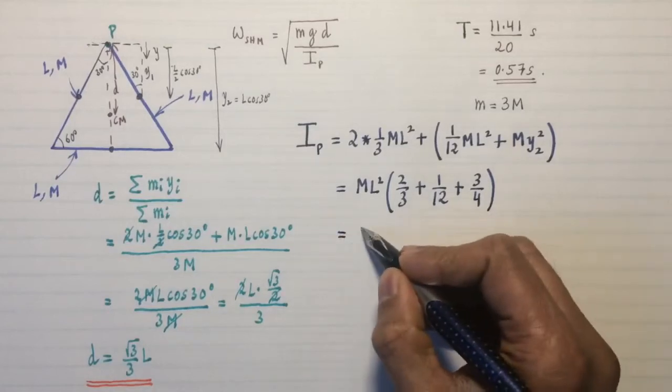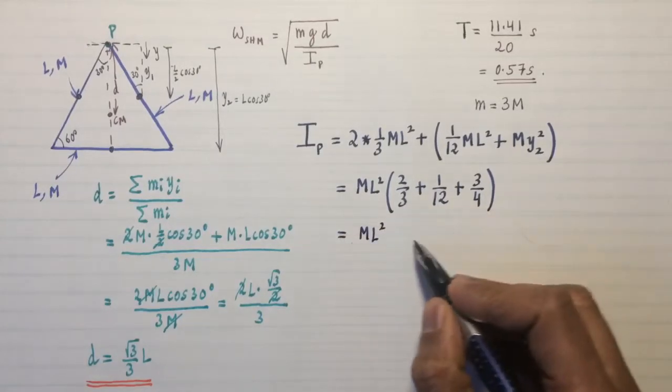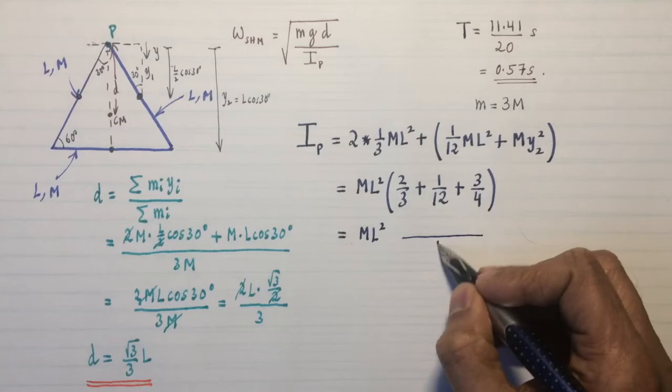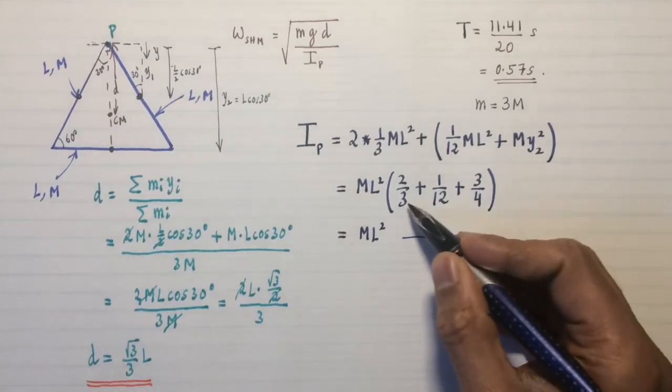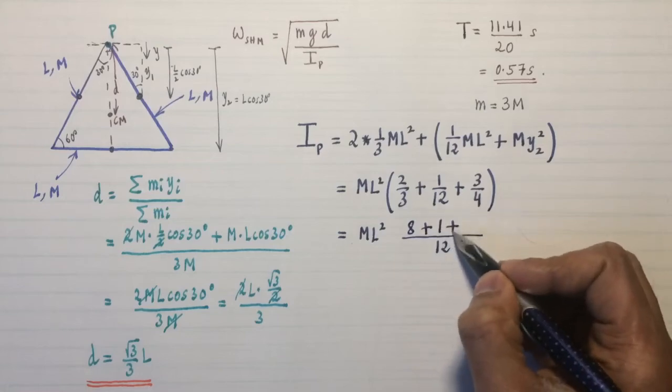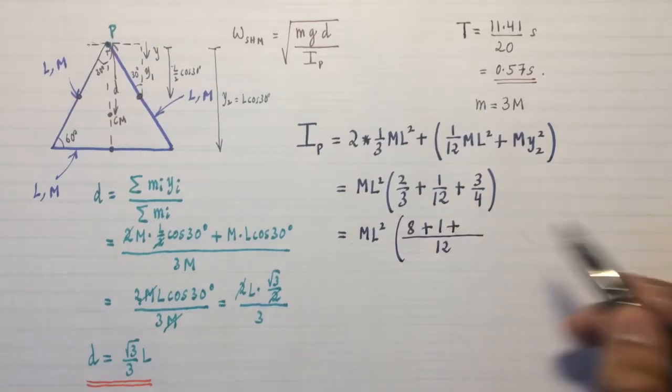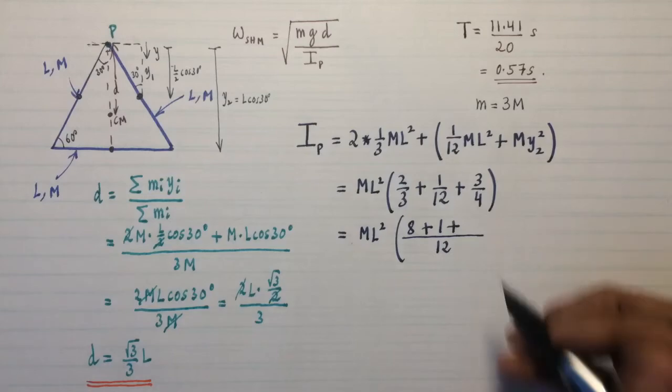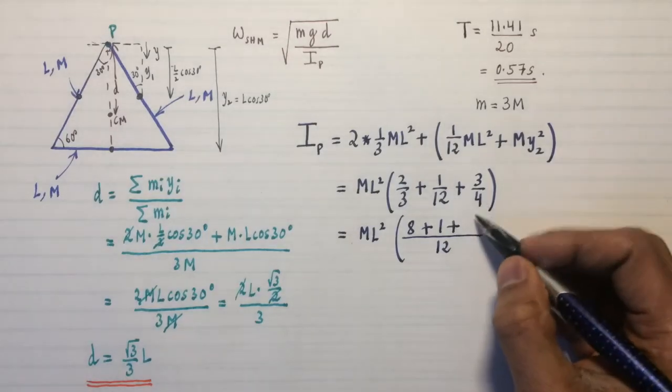Now we have to add the fractions by getting a common denominator. So that's 3 4s are 12, which means that becomes an 8. That's just a 1. And then 4 3s are 12. So that's 3 times 3, 9.